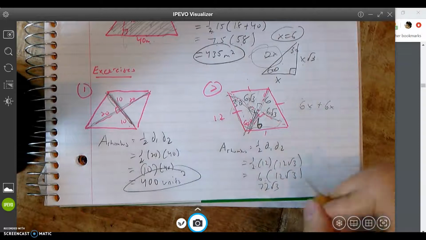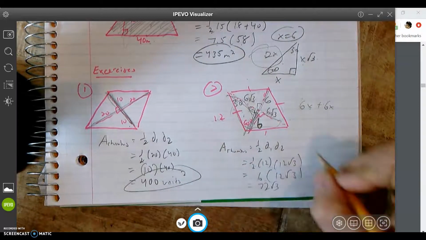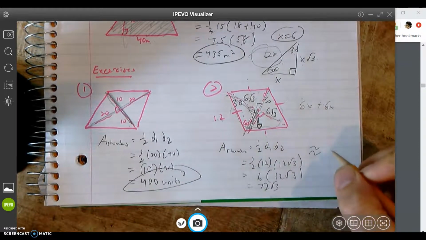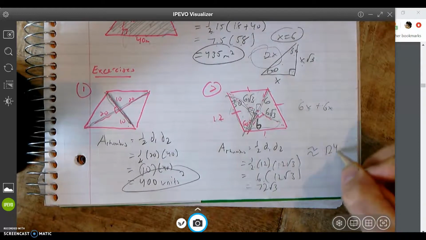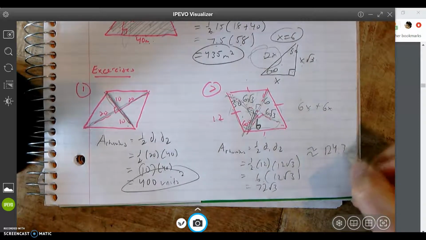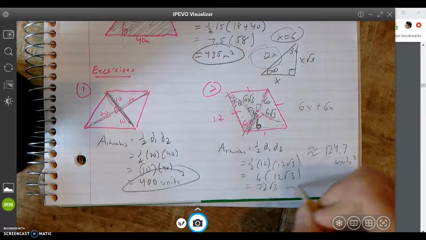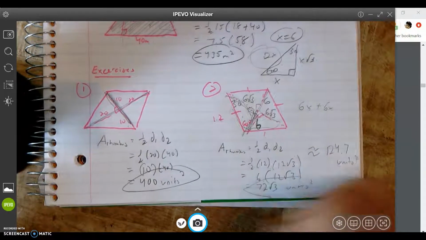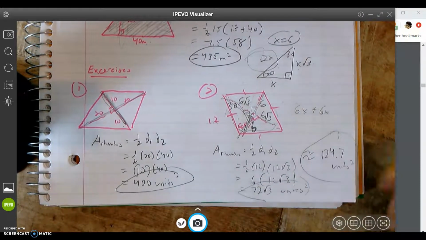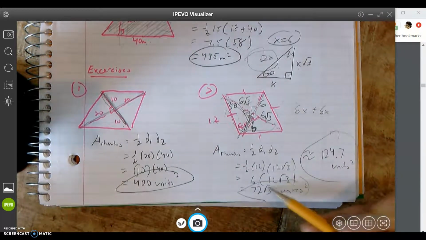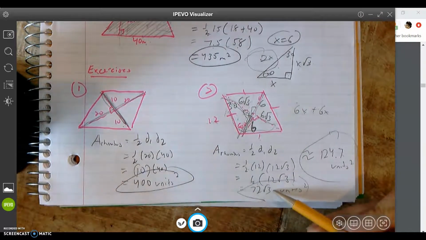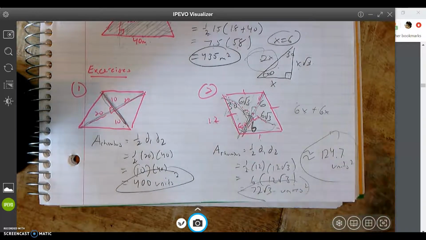So 72 times radical 3, which would be approximately 124.7 units squared. So this is when you round right here, but generally this is kind of the better answer as you get in more complicated math. Just leave it like this. But either one, you good, okay?